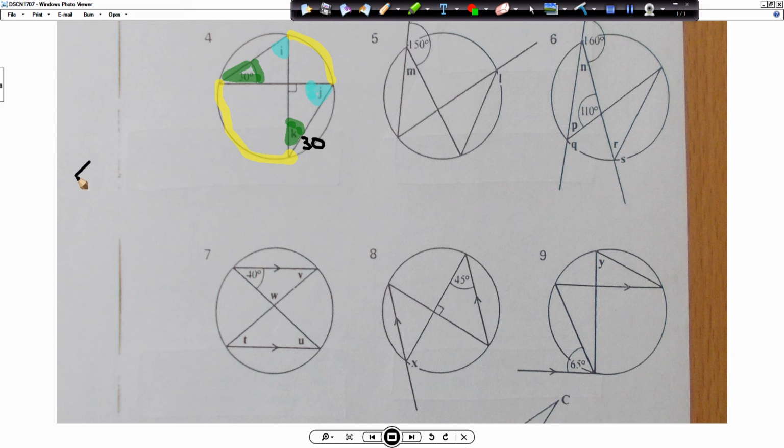Therefore, angle J is equal to 180 minus 90 minus 30, which will give us an answer of 60. Remember, in the examination papers, we have to explain each step of what we're doing. Here we're just verbalizing it.